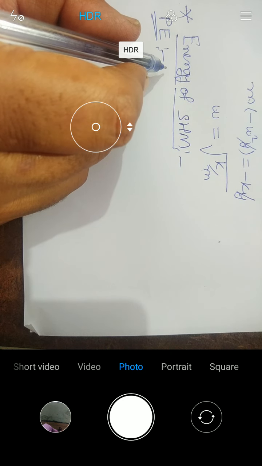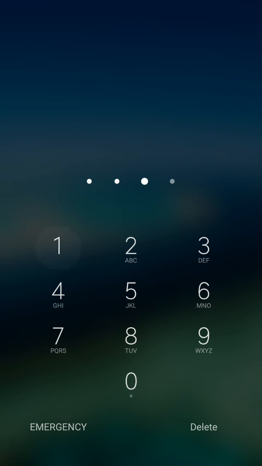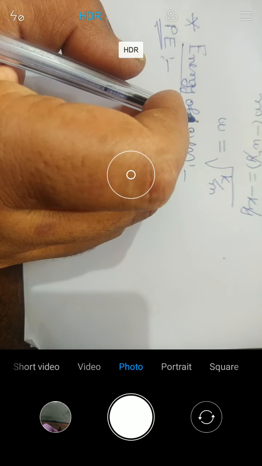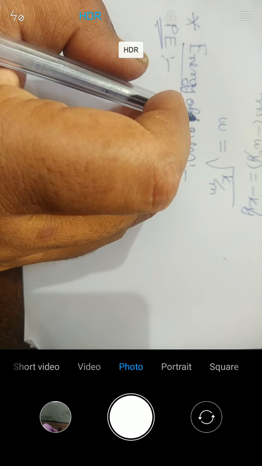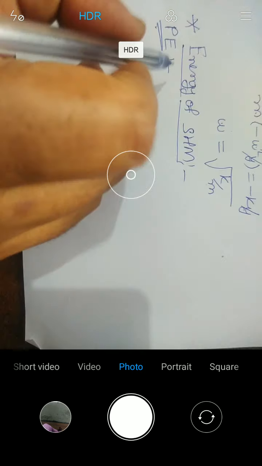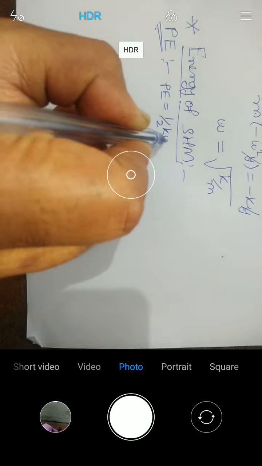The potential energy of a particle is equal to the work done in displacing the particle from the mean position to a position of displacement. Suppose the potential energy PE is equal to 1 by 2 ky square.